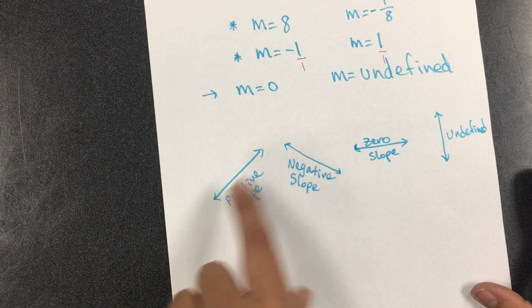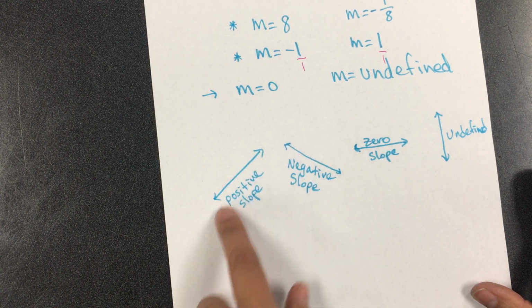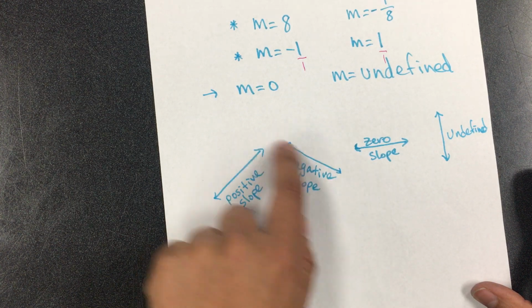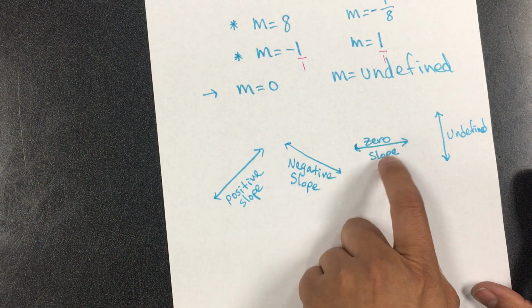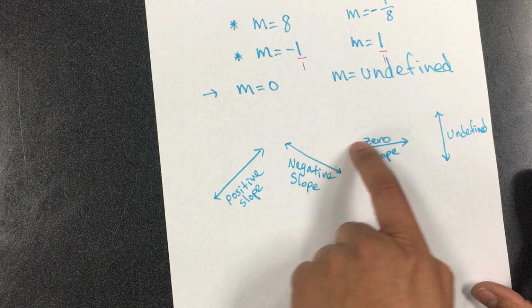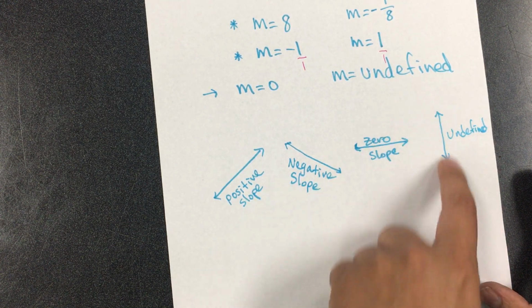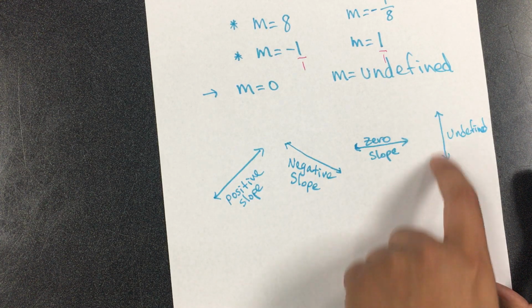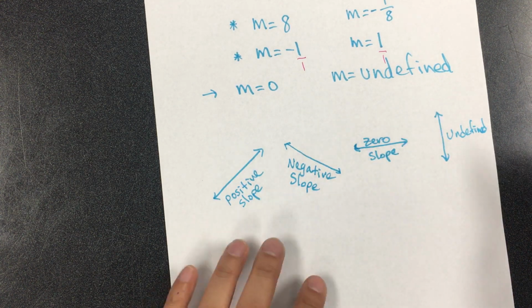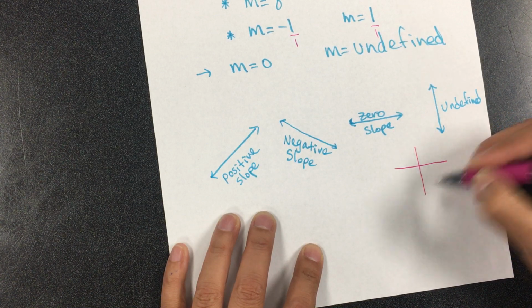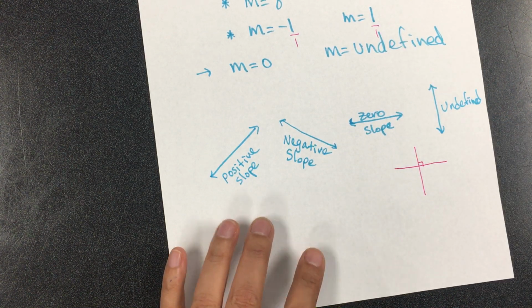When you were learning about the slope, you learned that positive slope is the positive line, negative slope gives you a negative line. The zero slope is a horizontal line, but undefined is when it goes up and down, okay? It's vertical. So if you think about it, a horizontal line with a vertical line will form a 90-degree angle.